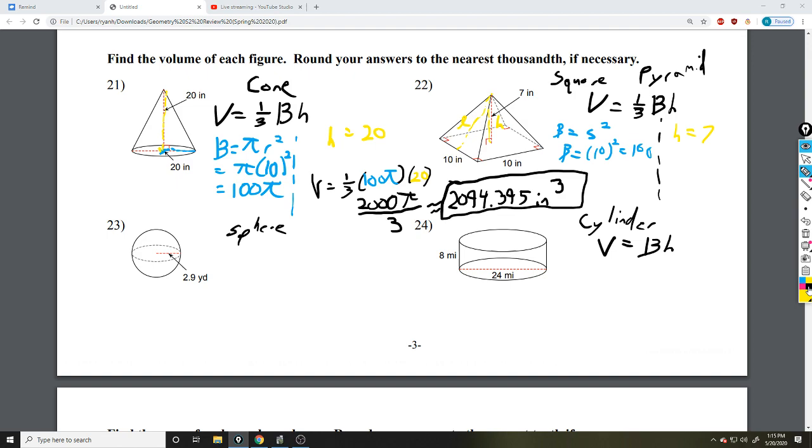Okay, great. So let's plug that in. Volume is 1/3 area of the base times our height. Area of the base here is 100 times our height here is 7. And so we have the exact answer is 700 over 3.